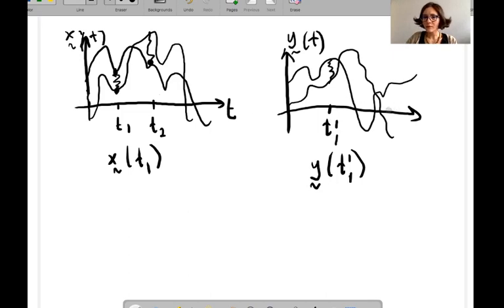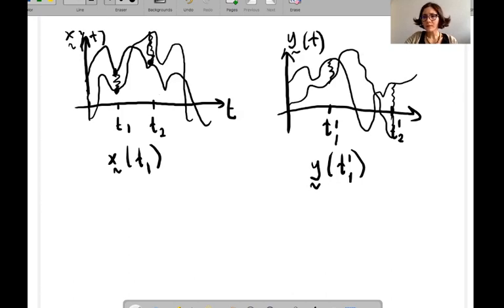And then secondly, on the random process y, you also look at it at as many time instances as you want: some t1 prime, t2 prime, and so on. So you have all these random variables. If you want to draw a picture of how independence can be visualized, all the random variables you see in here should be independent of all the random variables in here.